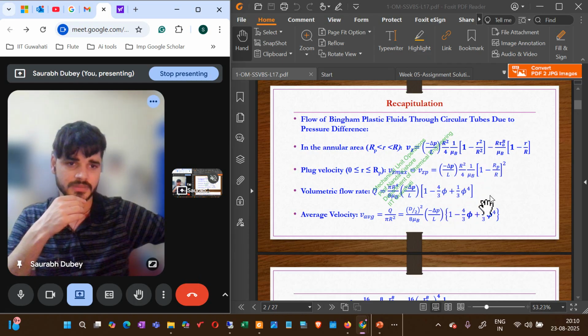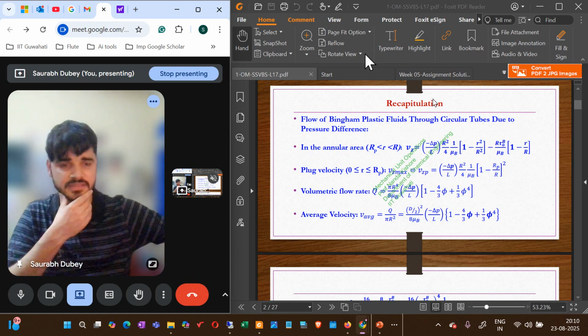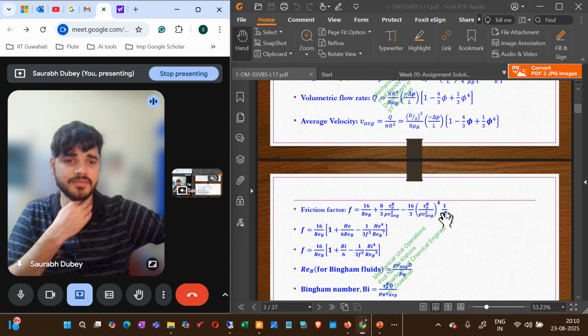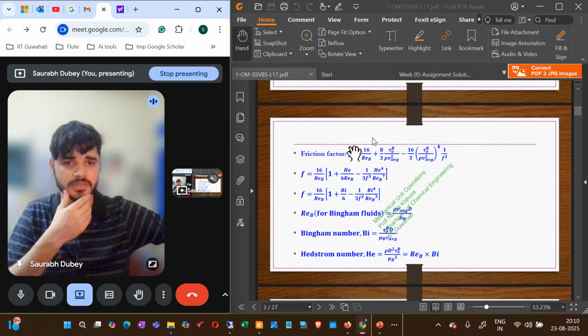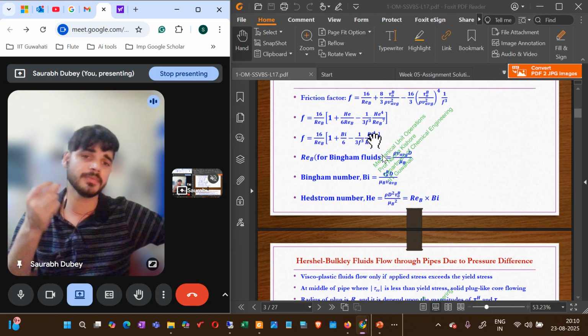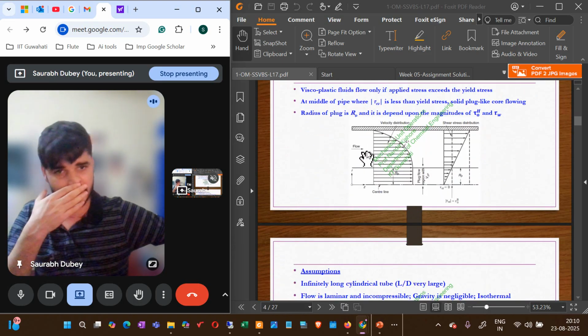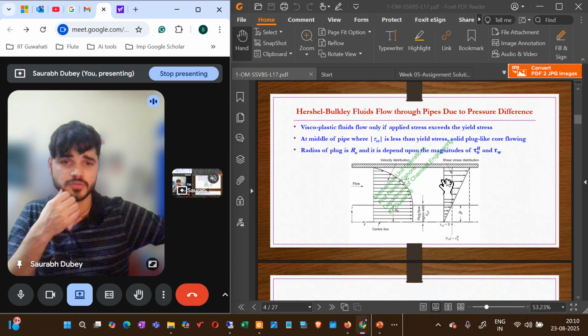Phi is the ratio of this Rp, the transition point of the velocity profile, and then shear stress, and also the V average you have calculated. Based on that you calculated the Fanning friction factor, and through that you got to know that there is something called the Bingham fluid Reynolds number, and then the Bingham number you derive based on that, and then the Hedstrom number you also derive. So these numbers are important. Based on that, you can have some questions. So we will always have some questions. So for now, I am just going through this.